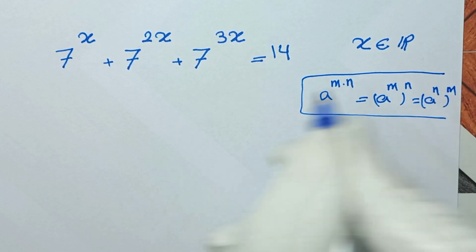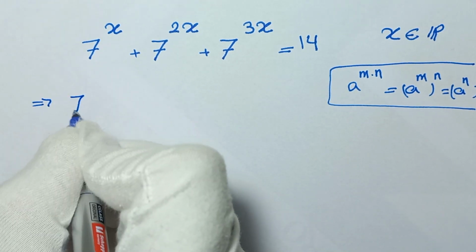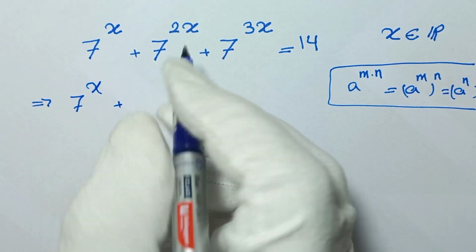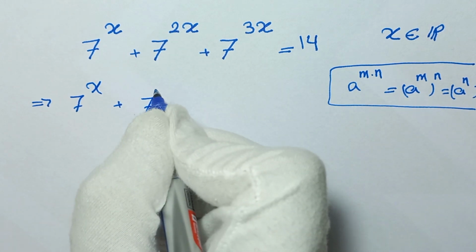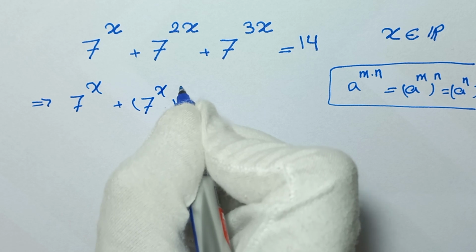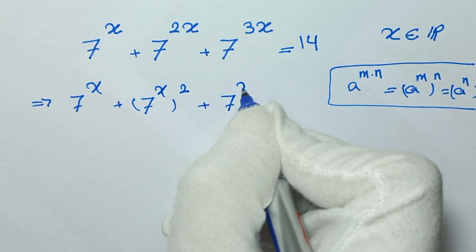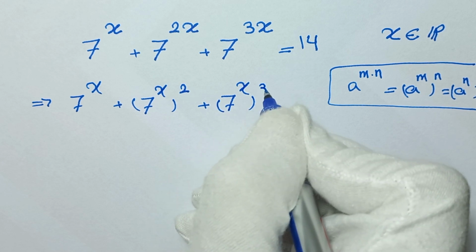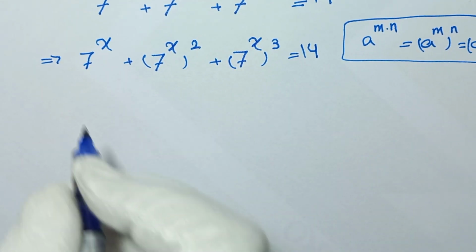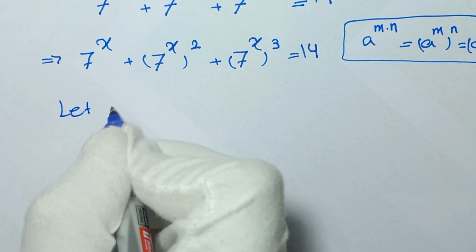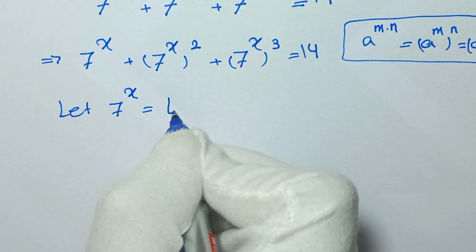So in here, we have 7 to the power of x plus 7 to the power of 2x, and we can write this from this formula as 7 to the power of x to the power of 2. And in here, we can write 7 to the power of x to the power of 3 is equal to 14. And in the next step, we let 7 to the power of x be t.